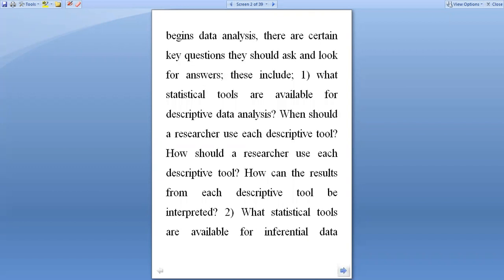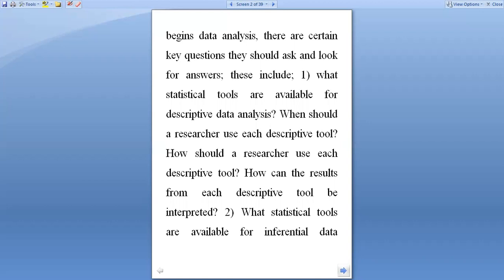Therefore, before you begin your data analysis, you must ask these key questions and look for their answers basing on the data you have. Question 1, what statistical tools are available for descriptive data analysis? When should a researcher use each descriptive analysis tool?